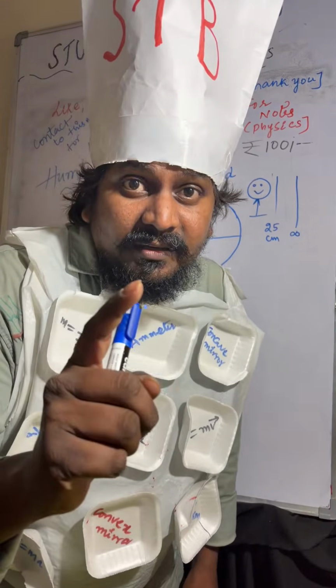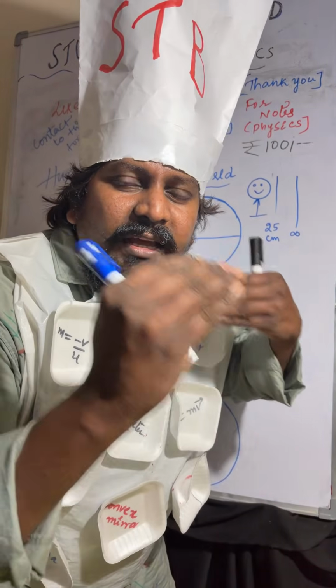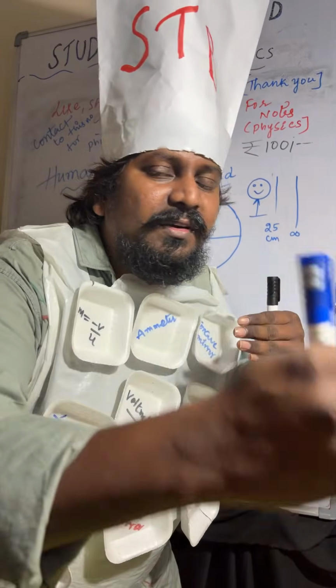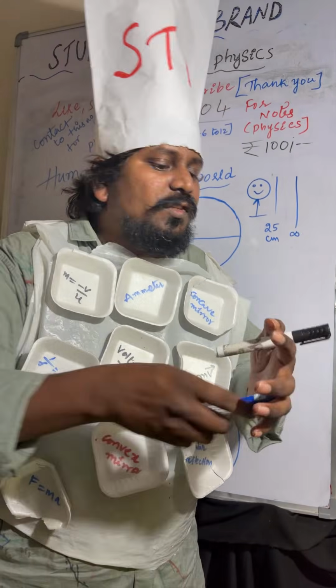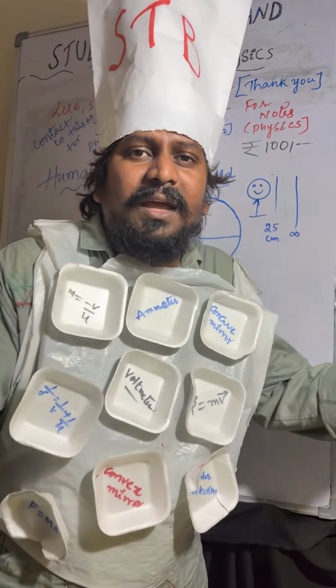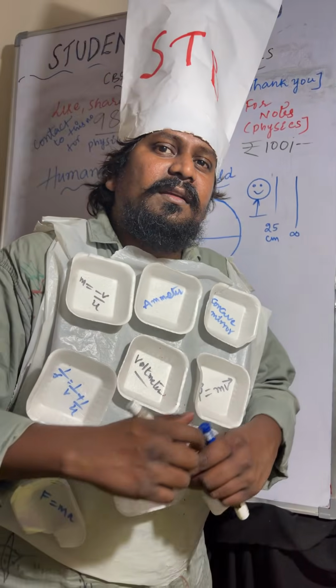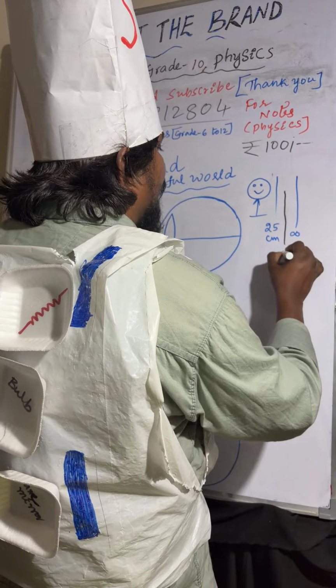But one thing: between 25 cm and infinity, he can see somewhere in the middle. That point is called the far point of the myopic eye.